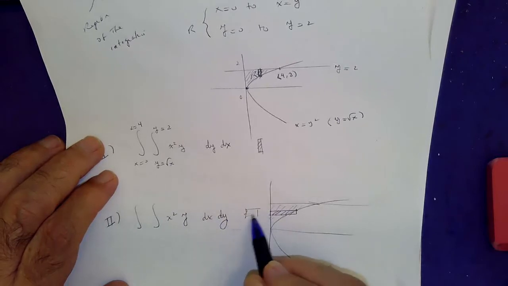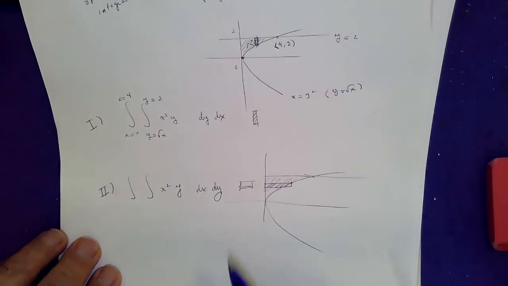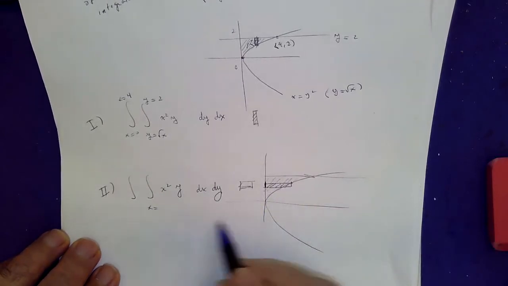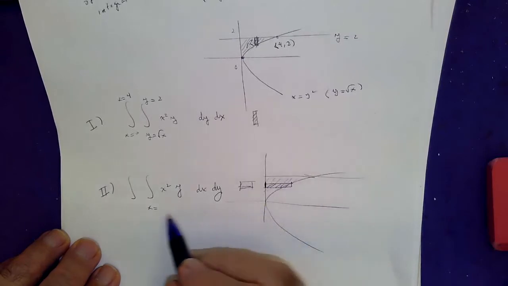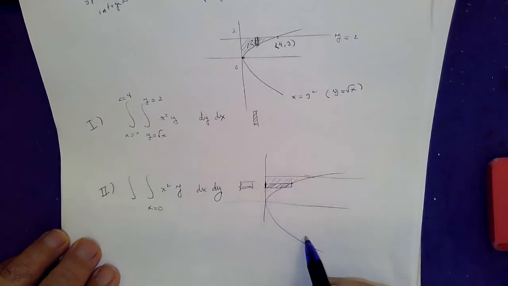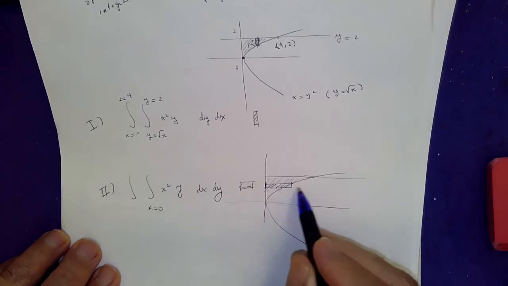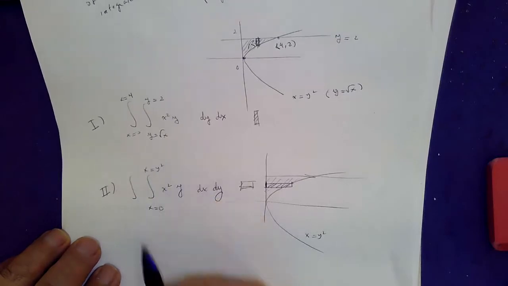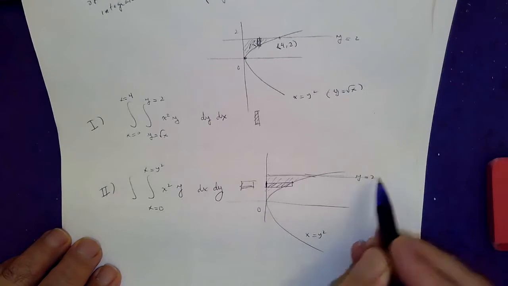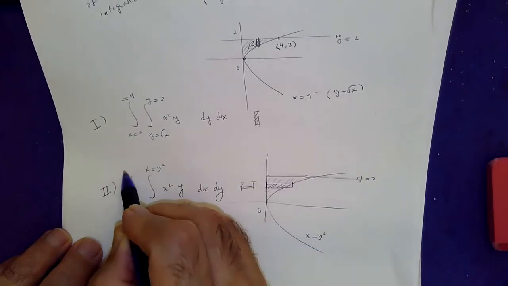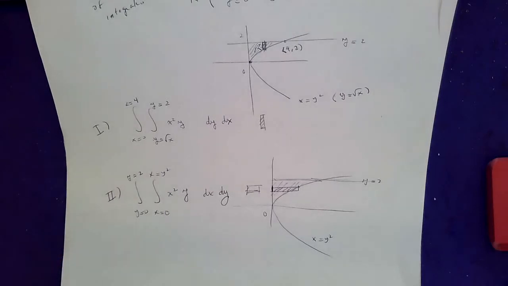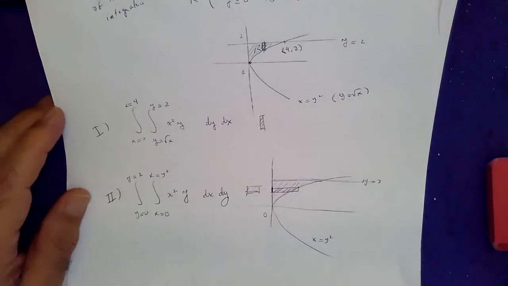Obviously the order matters. The left side of this rectangle is sitting on the y-axis, but the right side is sitting on the parabola x equals y squared. And y goes all the way from 0 to 2.